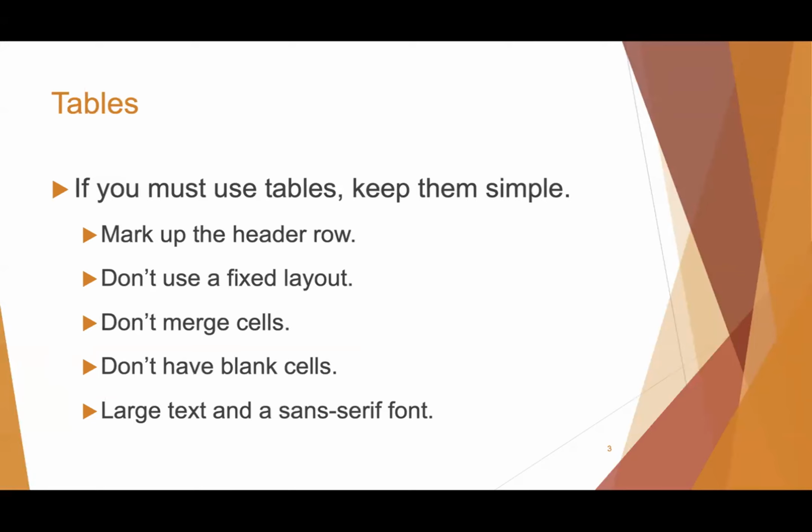First, you need to mark up the header row. This lets screen readers know how they will read the table and which column they're in. To do that, when you create a table in PowerPoint, ensure that the header row checkbox is selected, under the table design toolbar option.